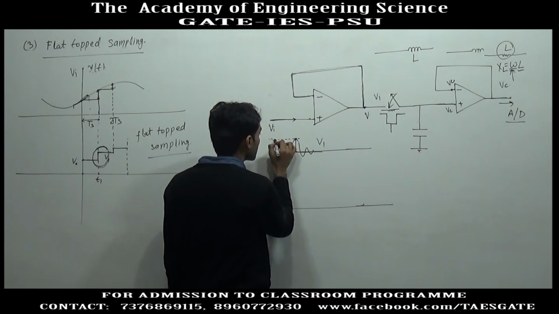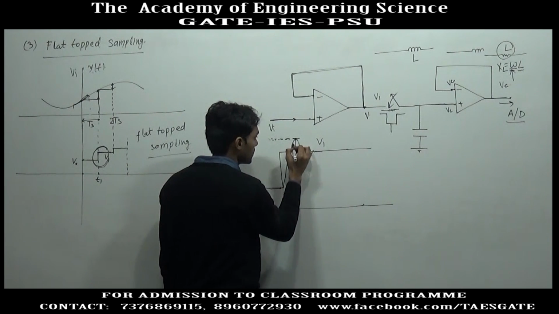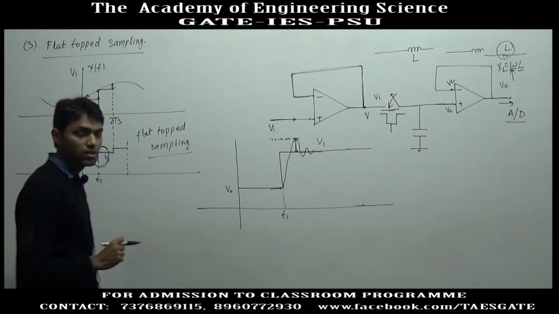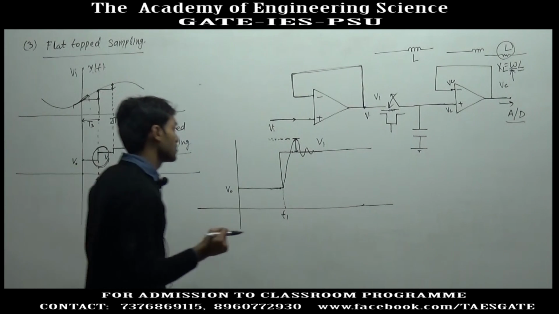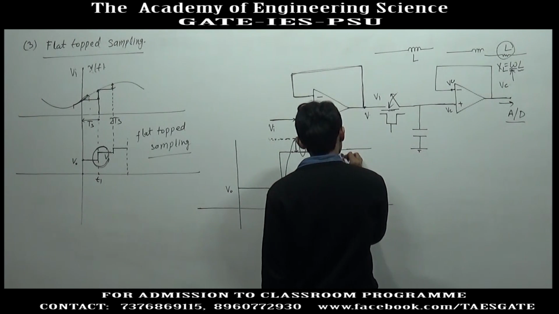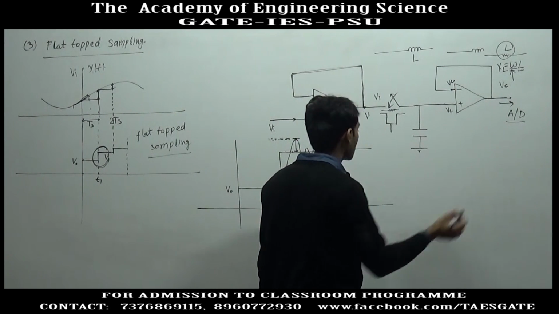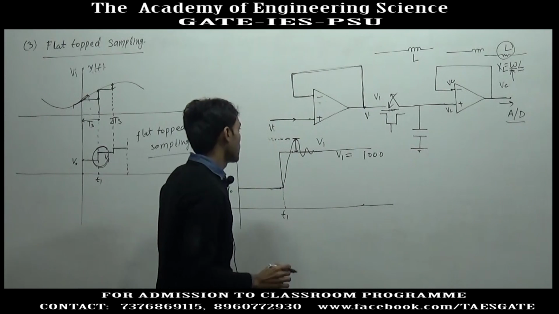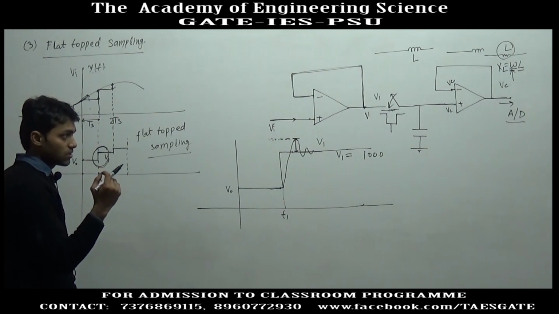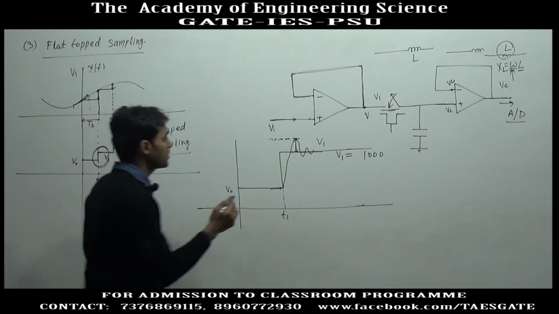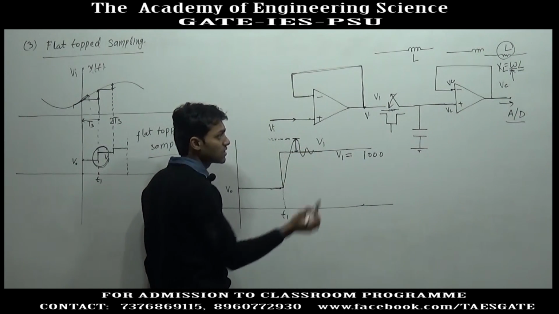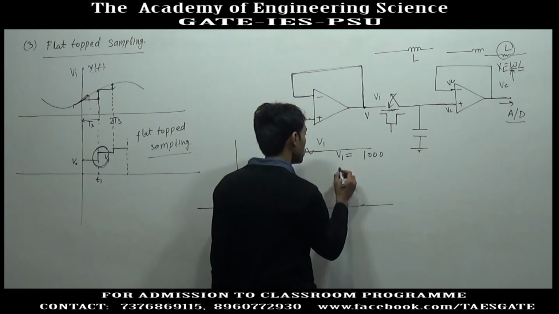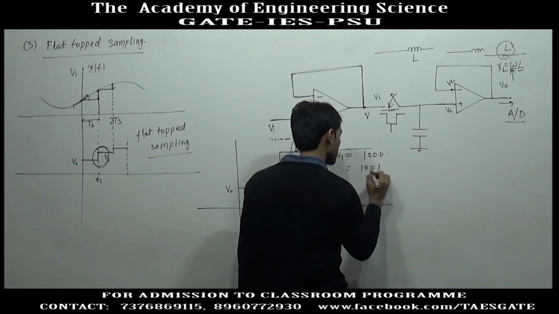If the analog to digital converter takes this value, and suppose this error is more than the resolution of the analog to digital converter, corresponding to V1 the converter has, say, 1000 output. If the difference between these two voltages is more than the resolution of the converter, its output will be changed. So, we will get error.